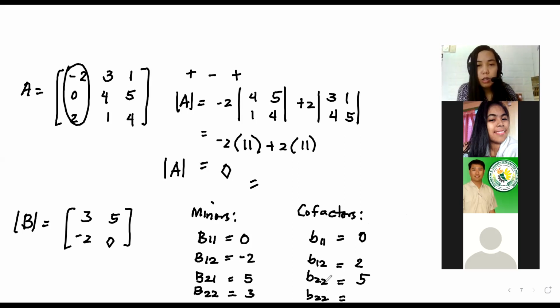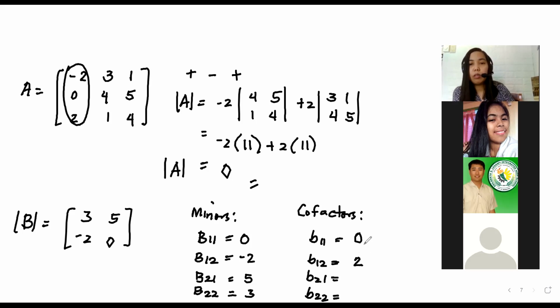Negative. Positive times 0 is 0. Negative times -2 is positive 2. Negative times +5 is negative 5. Positive times 3 is 3. Okay?